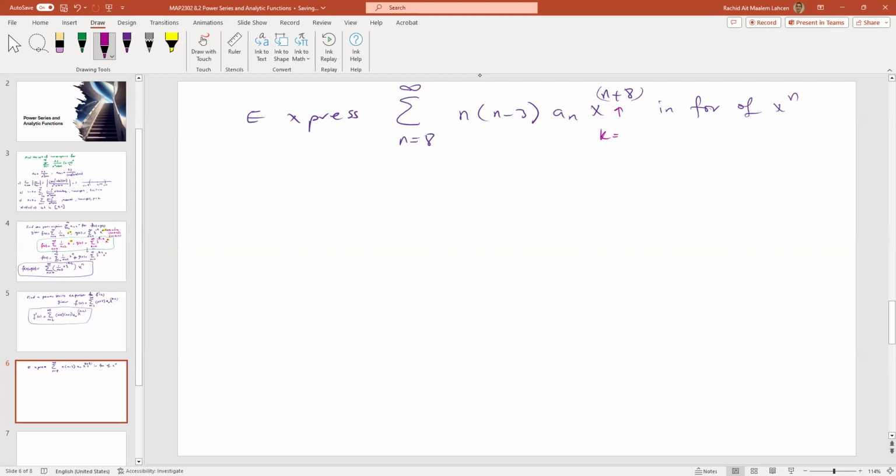All right. So I'll focus on this. I'll say k equal n plus 8. That means n equal k minus 8. Right, so now if you see n is 8, that means 8 plus 8, that means 16. So let's just put it as k here.